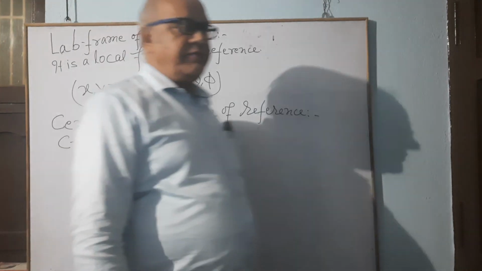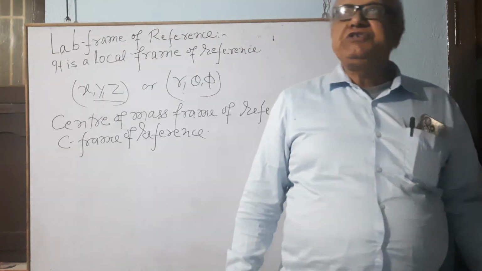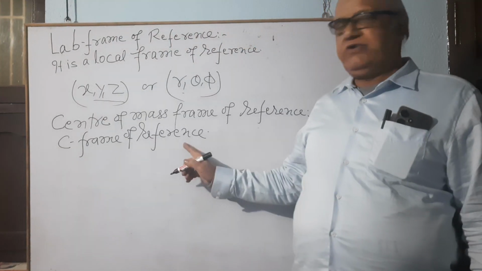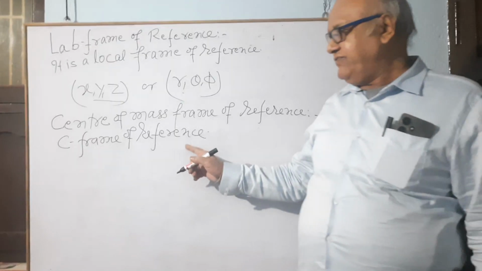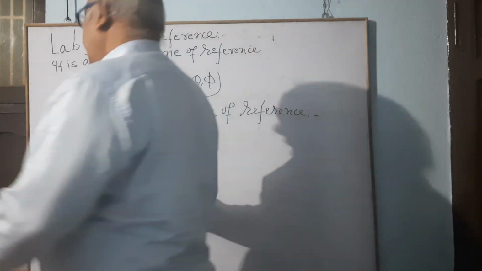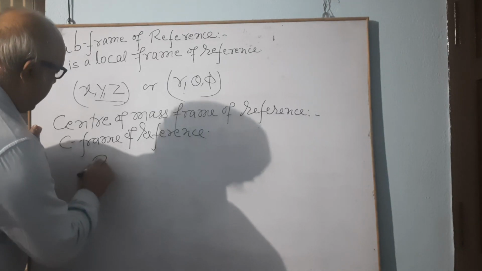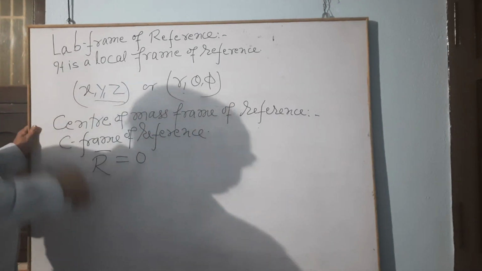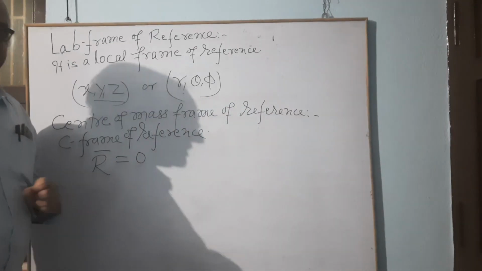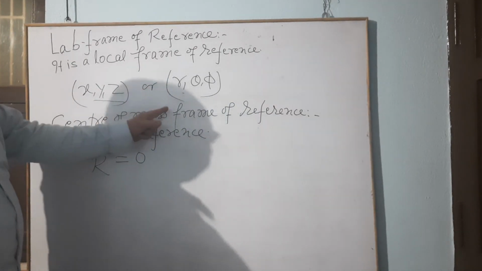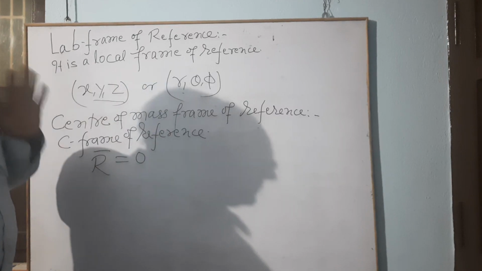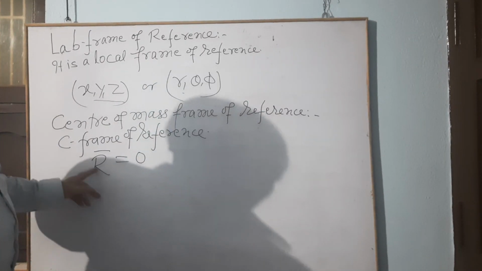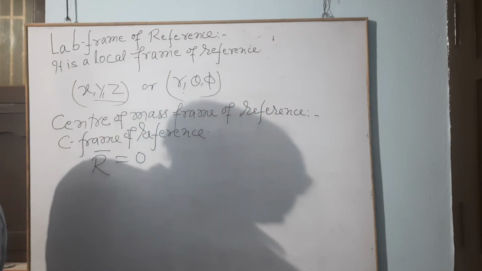In C frame of reference, the position vector of the origin is R, and this R is taken at 0. That is, origin is taken at the center of mass of the frame of reference. So R is equal to 0.